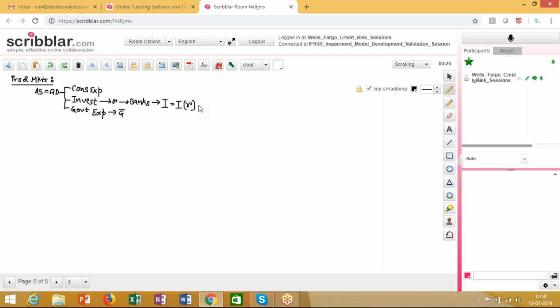Now, how do you think investment is generally dependent on the rate of interest? How should it be related ideally?